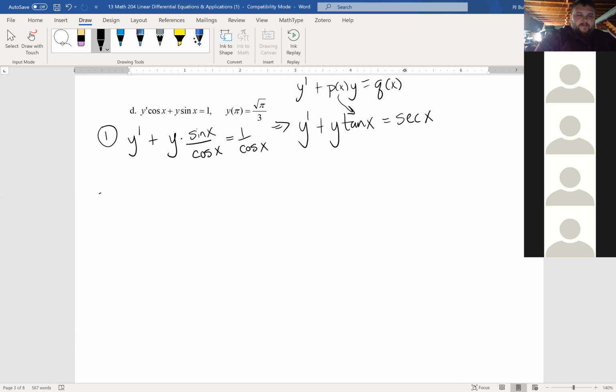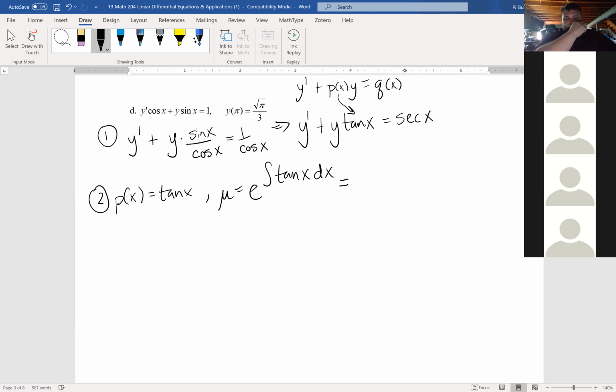So to find the integrating factor, I need to integrate tangent. Anybody remember that off the top of their head? Is it secant squared? That's the derivative of tan, but it still involves a secant. Sec x, tan x.